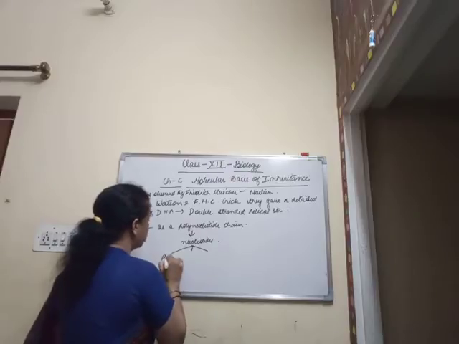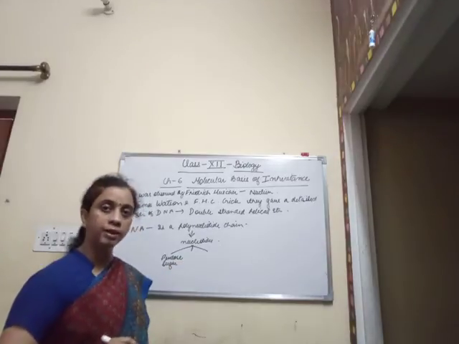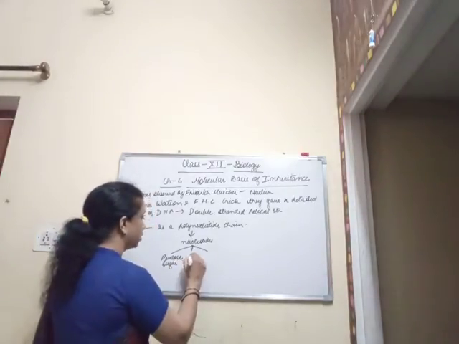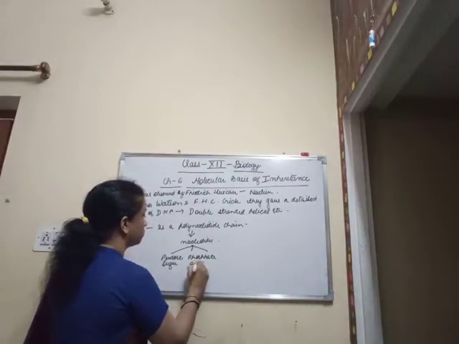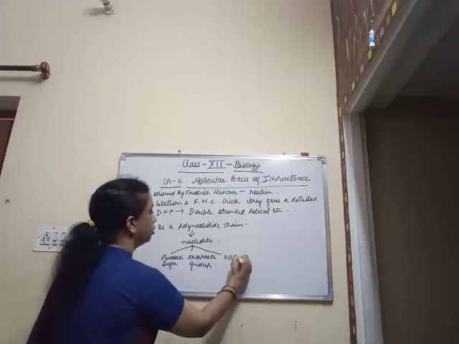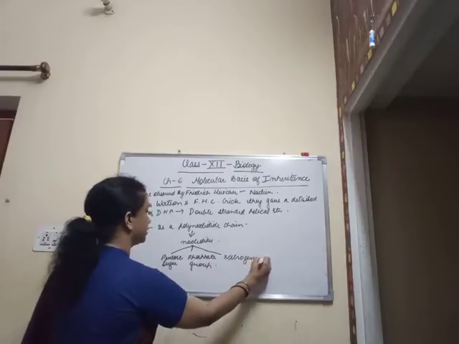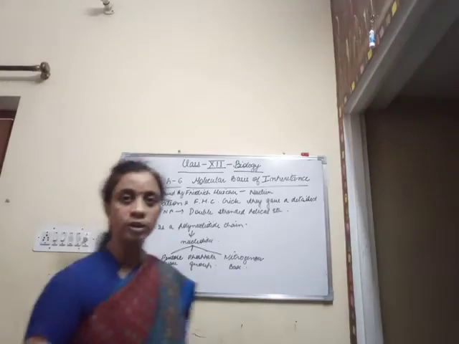One is a pentose sugar, the other is a phosphate group, and the third is a nitrogenous base. We are going to talk about them in detail now.